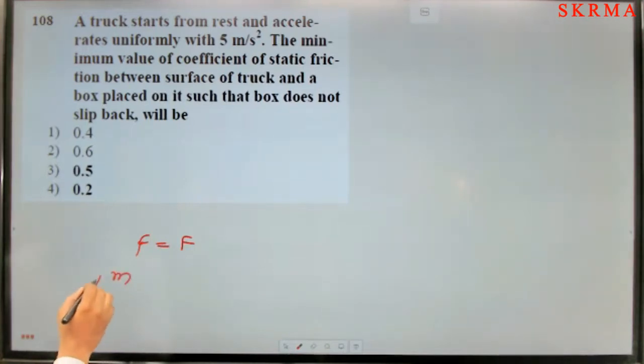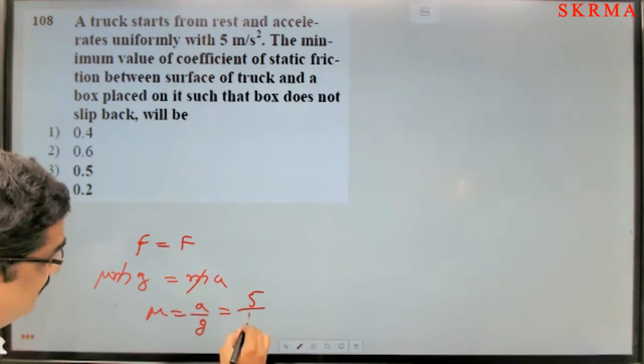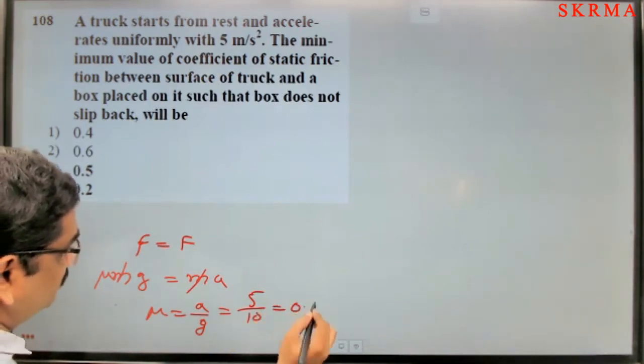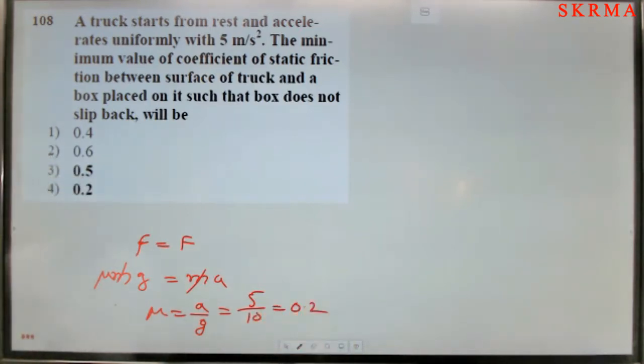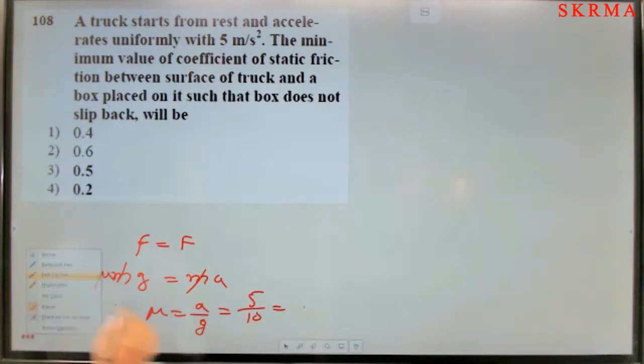So mu mg equals ma. Cancel m on both sides. So mu into g equals a. Then mu equals a by g. Acceleration is 5, g value 10. That equals 0.5. Third option.